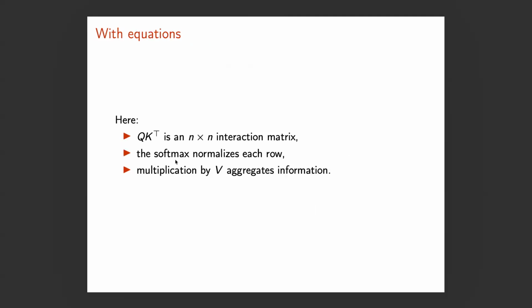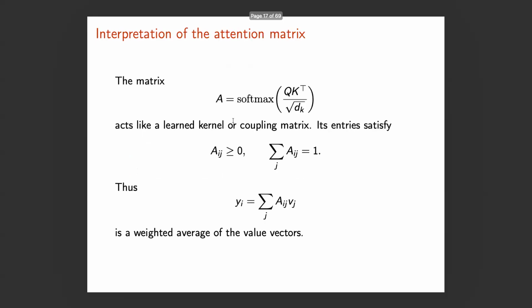The softmax normalizes each row, and multiplication by V aggregates information. The matrix A, which is now the weights, acts like a learned kernel or coupling matrix. And these are summed to 1, so it means the columns sum to 1. And this quantity Y is a weighted average of these value vectors.